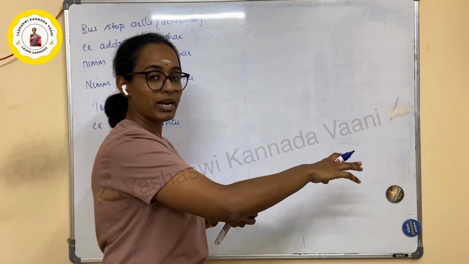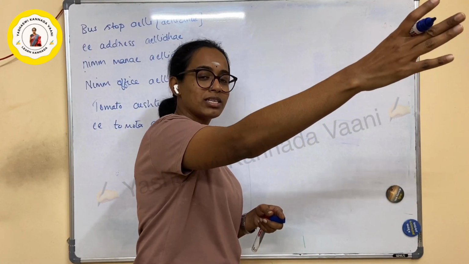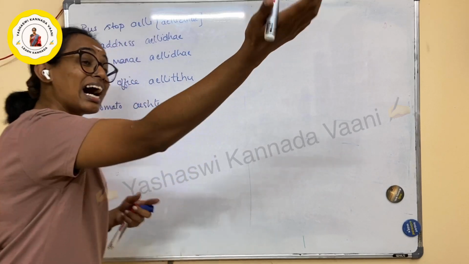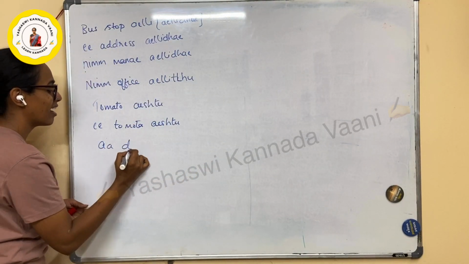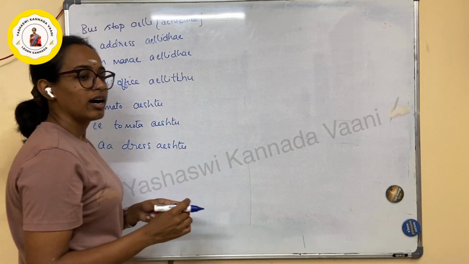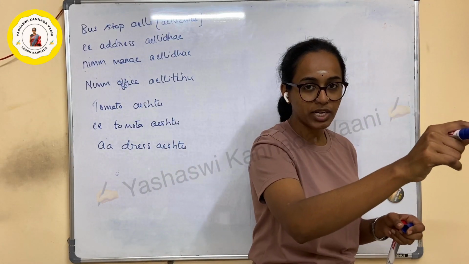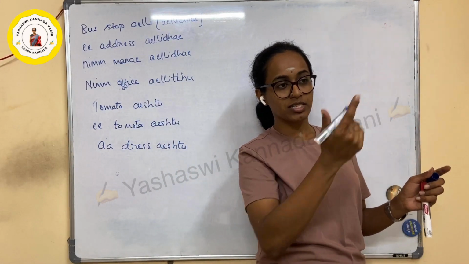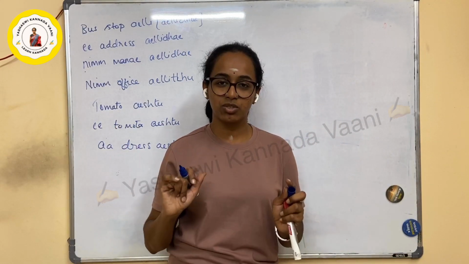When the tomato is very far from you, then you will ask a tomato eshtu. How much is that? A dress eshtu, a t-shirt eshtu, ade eshtu. When you are not naming the particular object, and you want to ask how much is that, then you can simply say adu eshtu, idu eshtu.